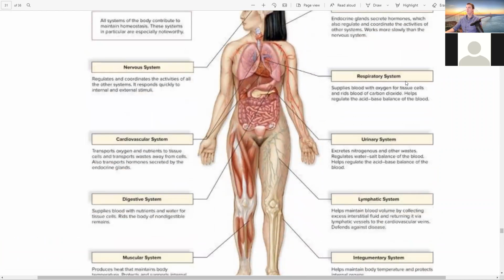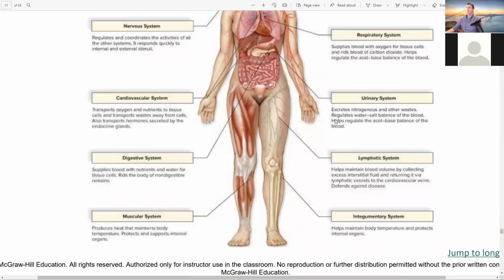Then we have the respiratory system, which supplies blood with oxygen for tissue cells and rids blood of carbon dioxide, and helps regulate the acid-base balance of the blood. Then we have the urinary system, which excretes nitrogenous and other waste. It regulates water-salt balance of the blood and helps regulate the acid-base balance of the blood.